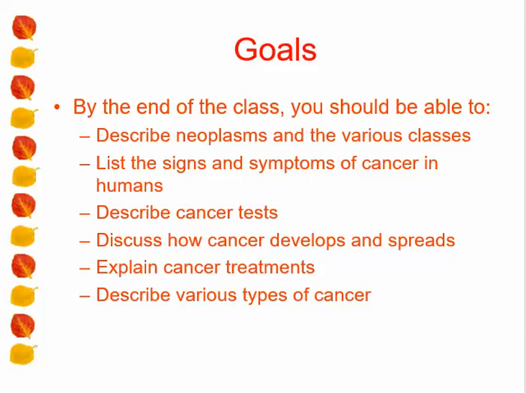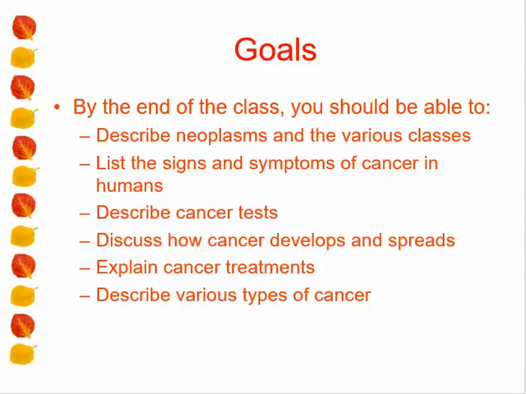So the goals for this are to describe neoplasms and the various types of neoplasms, list signs and symptoms of cancer in general, describe some tests that we use to discover cancer.